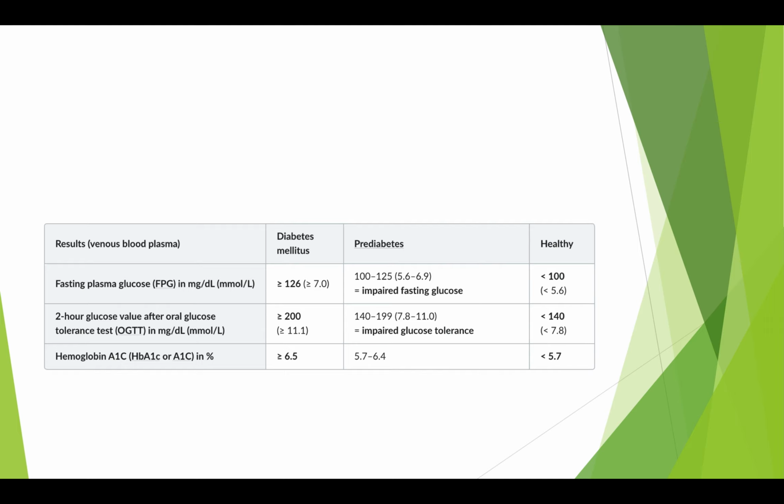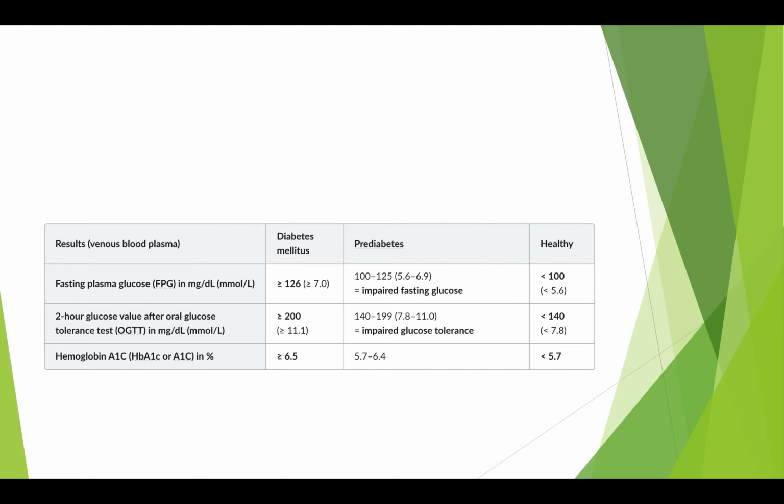How to reach the diagnosis? If the patient has a fasting plasma glucose of more than 126, we can say that the patient has diabetes because the normal level should be less than 100.